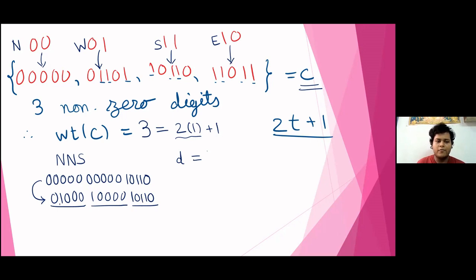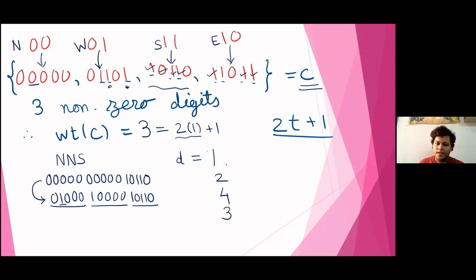It just differs in one place. So the distance is 1. Then for this one, the distance will be 2 because it differs in these 2 places. With this code, the distance will be 4 because it differs in 4 places. And the distance with this code will be 3.